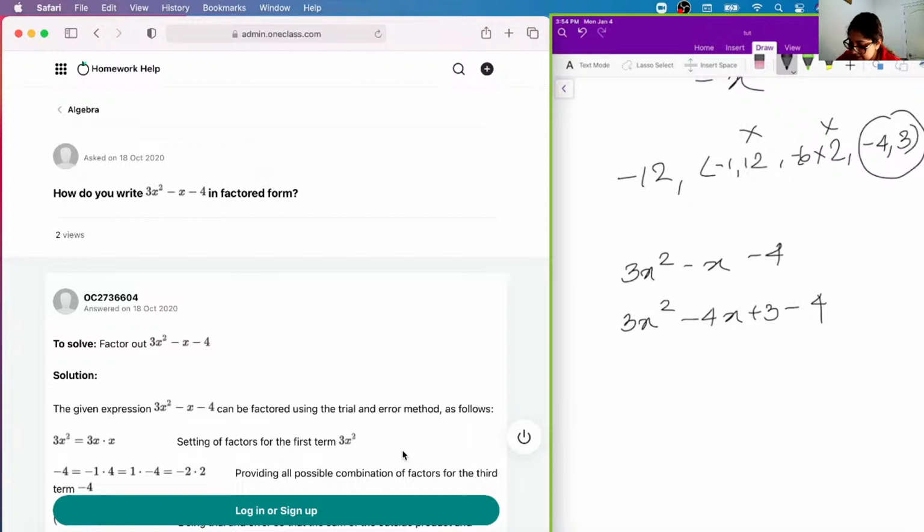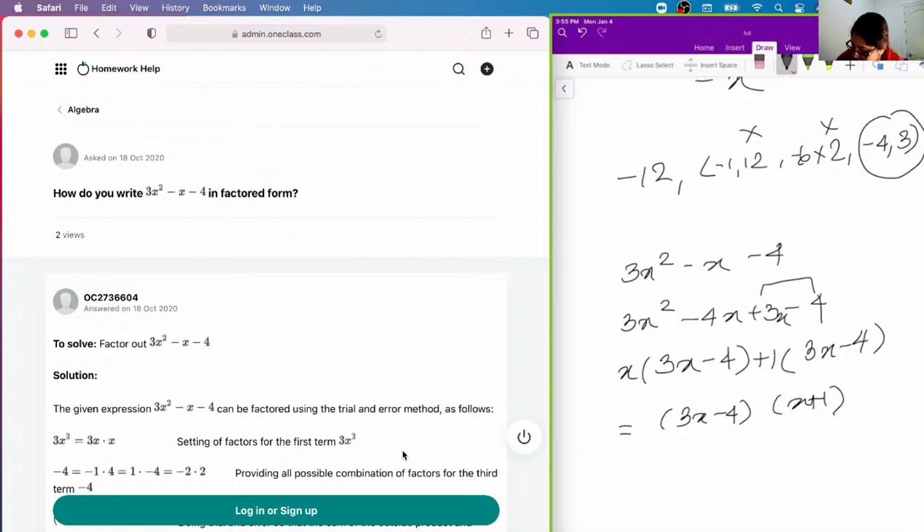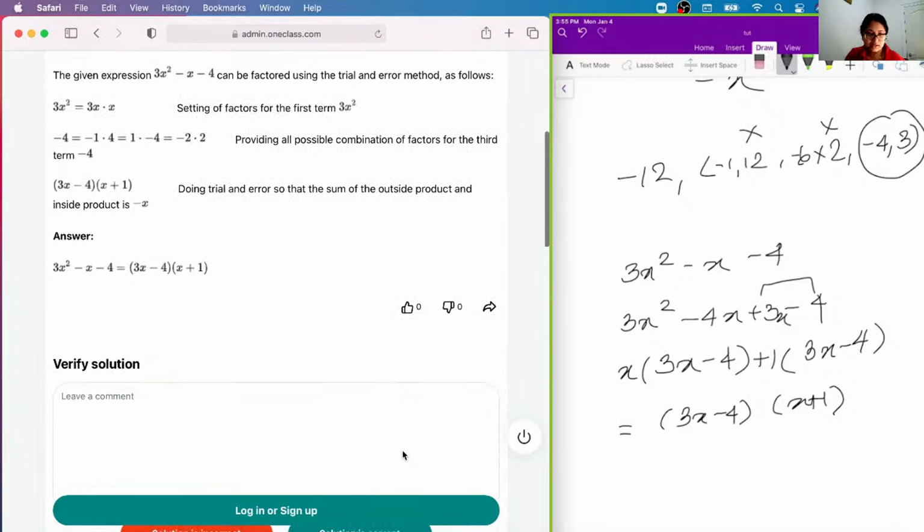Okay, so in this case, we can take out an x and factor an x, and we have here 3x minus 4. Since there's nothing in common between these two terms, you can just factor out a plus 1, and you're left with 3x minus 4. So our end result would be 3x minus 4 and x plus 1. And yes.